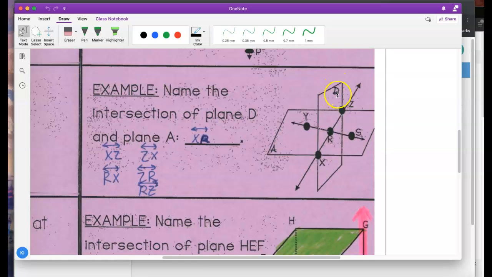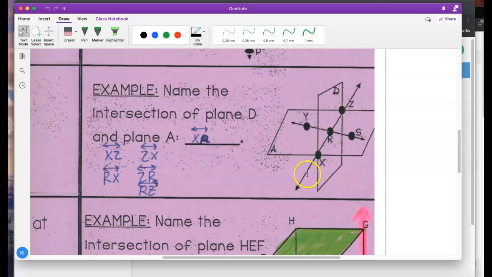Same with A in the corner. If I was using points, I would have had to use 3 points to name that plane. So where do they intersect? They intersect at this line right here. Both plane A and plane D have that line.